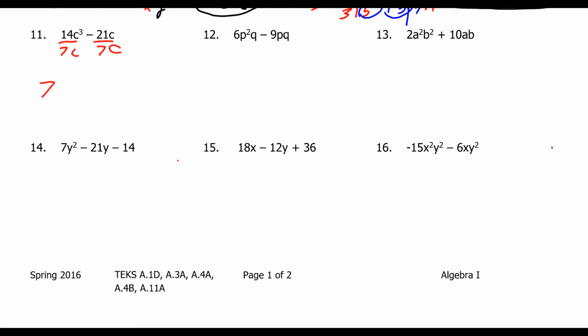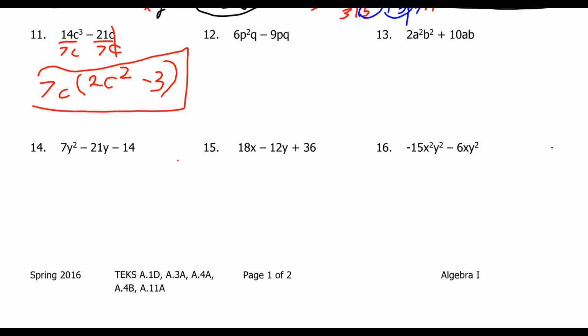So we're going to put a 7c here, and then 7 goes into 14 2 times. C goes into c cubed, c squared times. And then the c's here cancel, and we're left with 3. And there's our answer. All right?